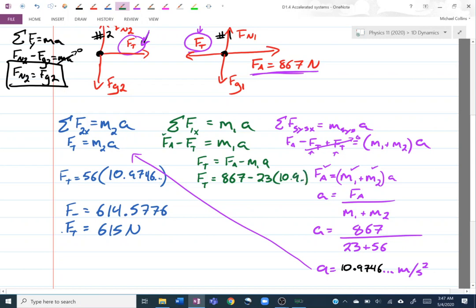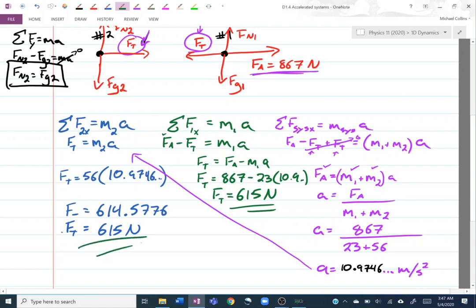And if I plug that into my calculator, and this is also a reasonable thing to do if you want to double check that your answer is right, I also get Ft is equal to 615 newtons.